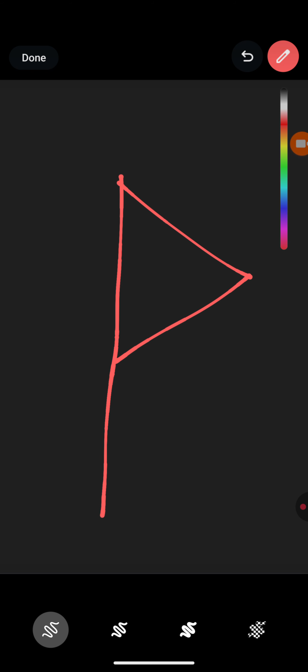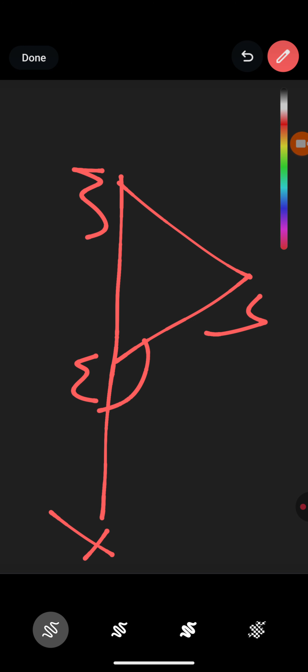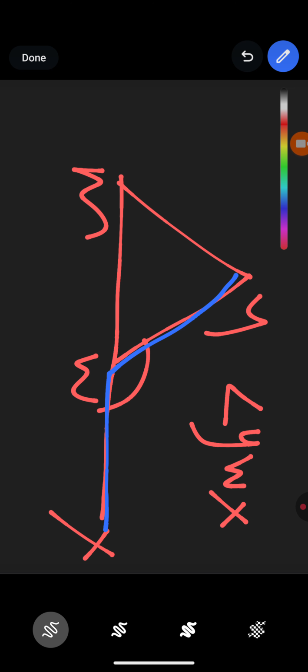Let me try to create maybe a triangle. X, Y, W, M. So what is this angle? So this angle is angle YWX, because you move from Y, you go to W, then from W, you go to X. What about this angle?